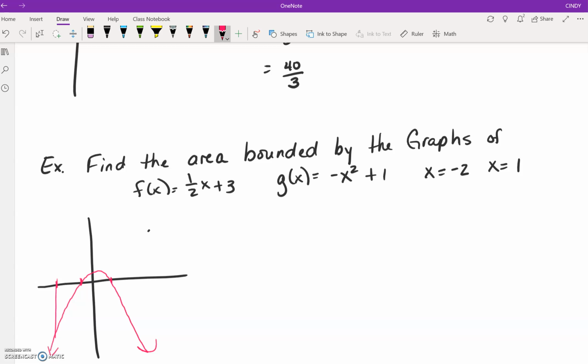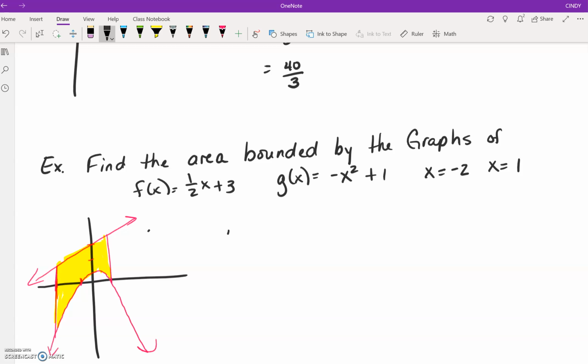Oh, I forgot the line. That is on 1, 2, 3, and the line is doing this. So one of these is a line and one of them is a curve. I'm looking at from between there and there. So I want the area of all of this in yellow.